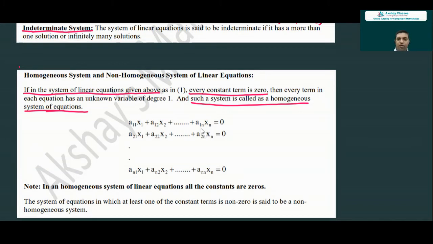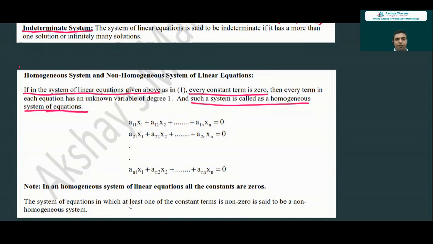Therefore, it is uniformly degree 1. All the equations are like that, and there is no term with degree 0, that means no constant term. So these are called homogeneous systems of linear equations.